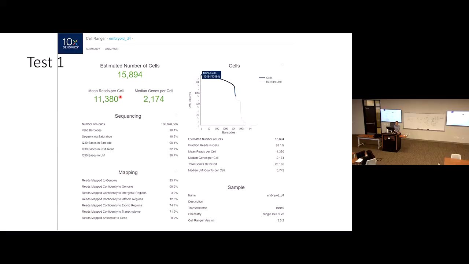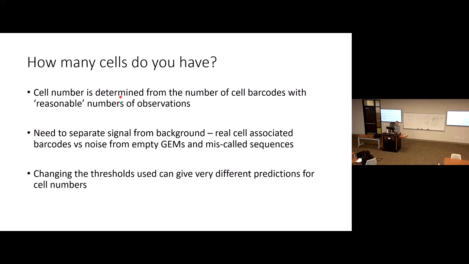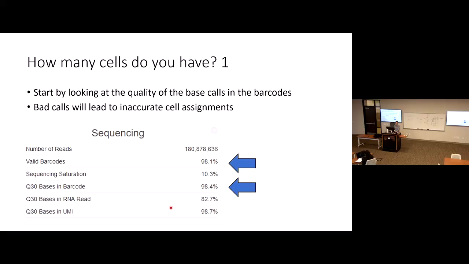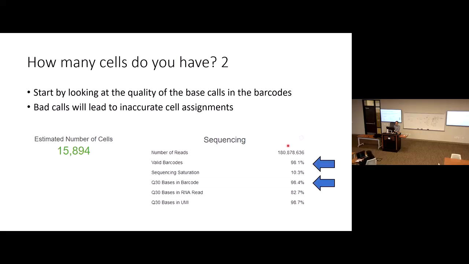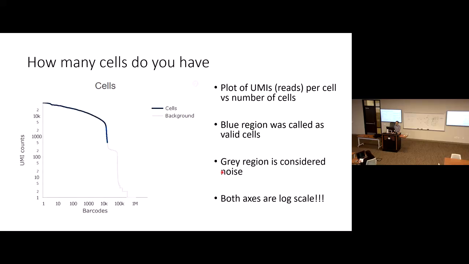Then there are other data. There are some numbers on the sequencing quality, and there is barcode information, and the shape of this curve, as I said.